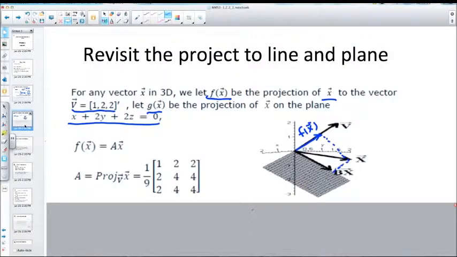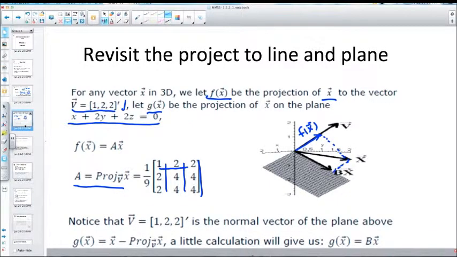I believe we discussed these two matrices before. The transformation matrix to project X onto V is this A. If you look, it's a symmetric matrix, and all columns and rows are parallel to the vector V. For the second matrix, we won't go into detail.